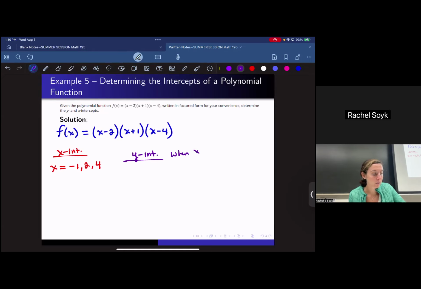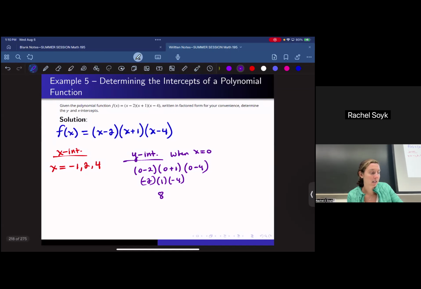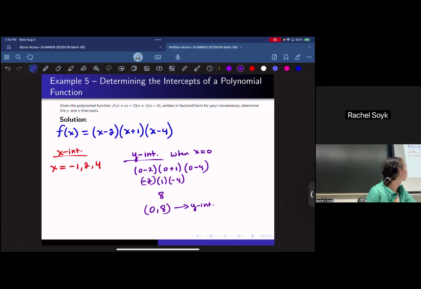So we just plug in 0 wherever we see x. Essentially we're taking the product of -2, +1, and -4, and that yields 8 as our y-intercept, which in coordinate form is (0, 8). And that's it. I just wanted to calculate the intercepts.